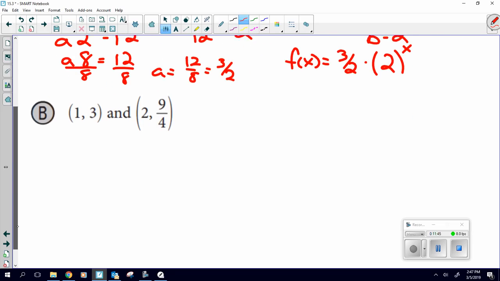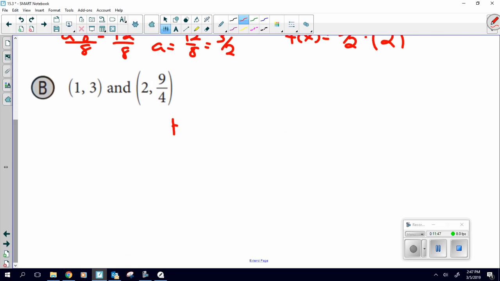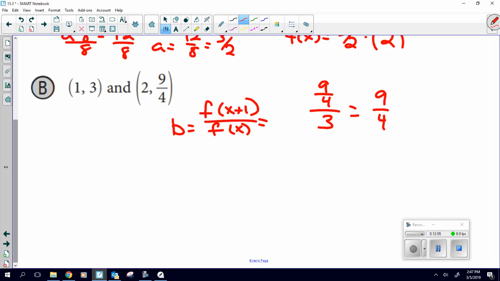The first thing I do is find my b. My b is f(x+1) divided by f(x), which means we need 2 consecutive terms. So we take 9/4 and divide it by 3, which is the same thing as 9/4 times 1/3.